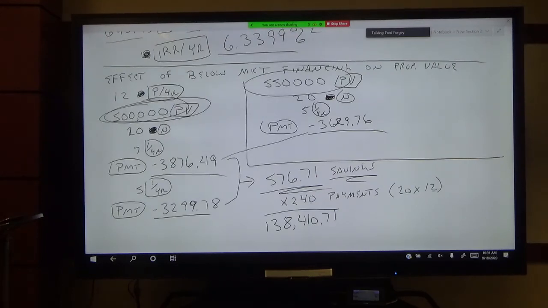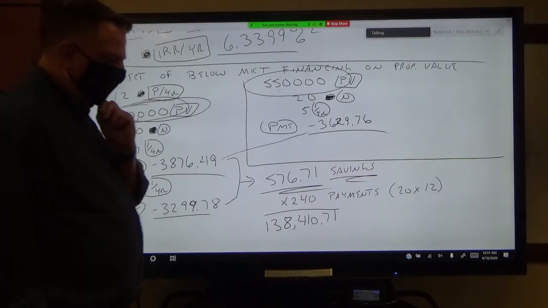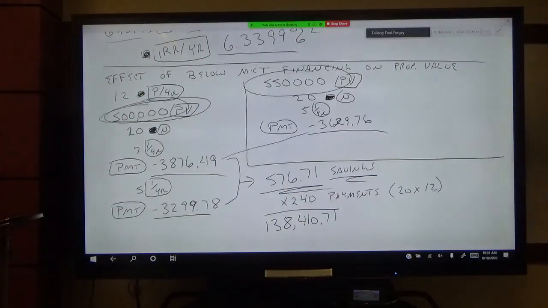Here's part of the problem, and this is like a new thing. Much of real estate value on the residential side, not on the commercial side, is driven by one thing: perception. What a person perceives is the value of something is what drives that value.